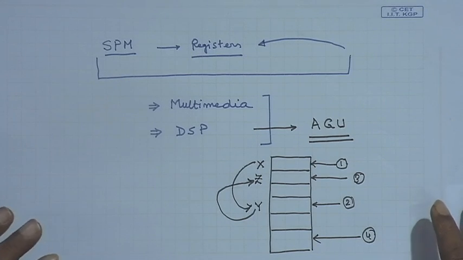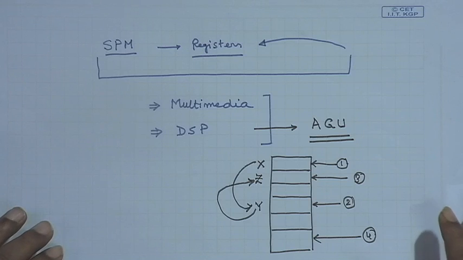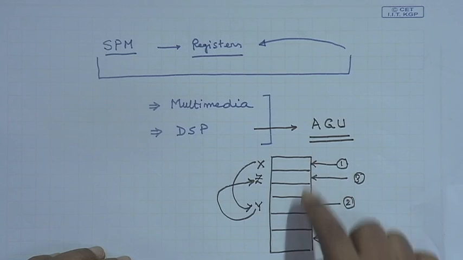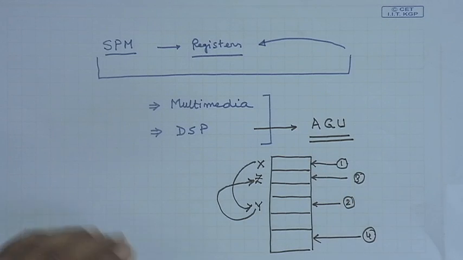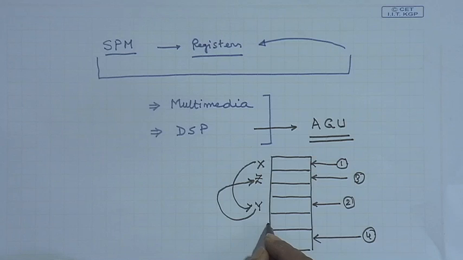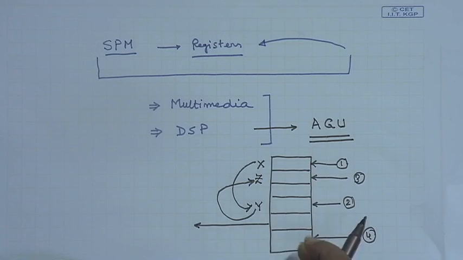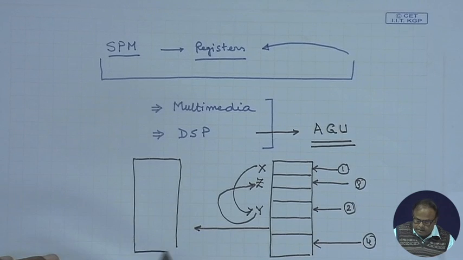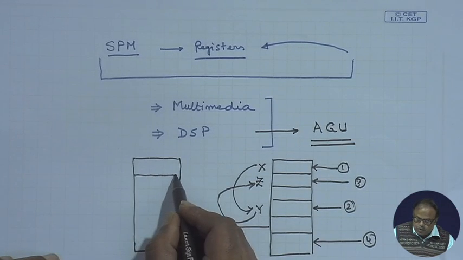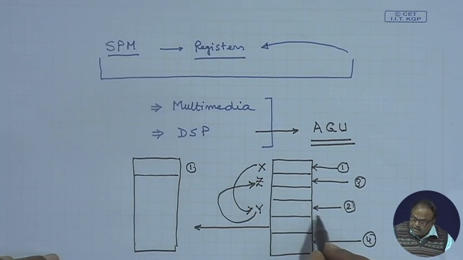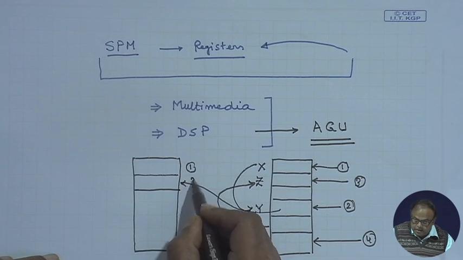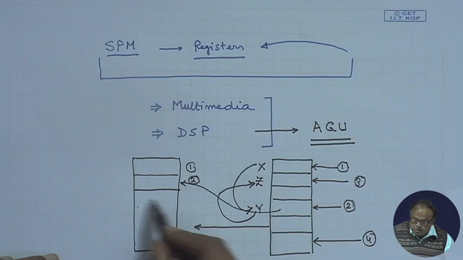Now, let us see how we can optimize it by finding the proper layout. No one prevented me from coming up with a layout where this one is put here, this is laid out here, and this is laid out next, like that.